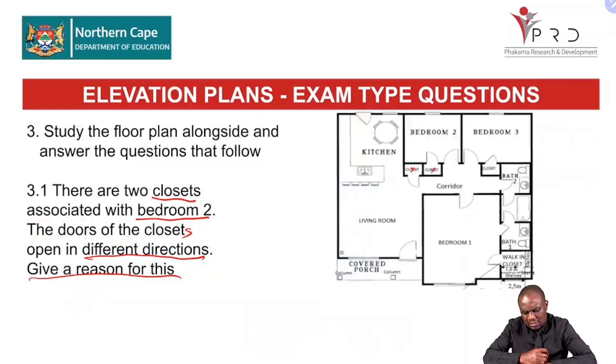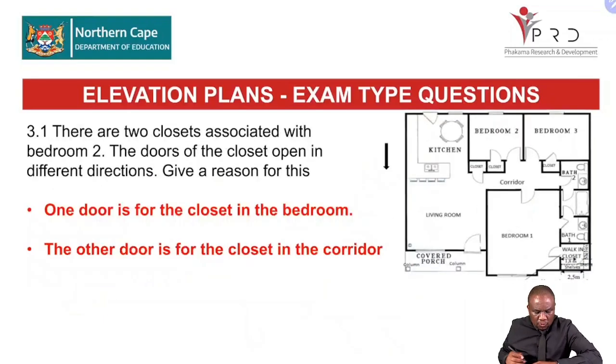Do you see the other one is opening towards the bedroom? And then the other one is opening towards the corridor. So they have different doors, the doors are on different sides. One side is in the bedroom, the other side is outside the bedroom or in the corridor. So one door is for the closet in the bedroom, and then the other door is for the closet in the corridor. Learner opinion there, try to explain using your own words.